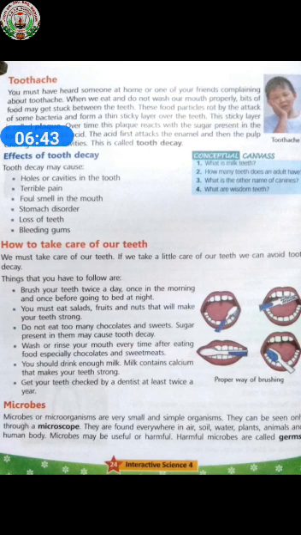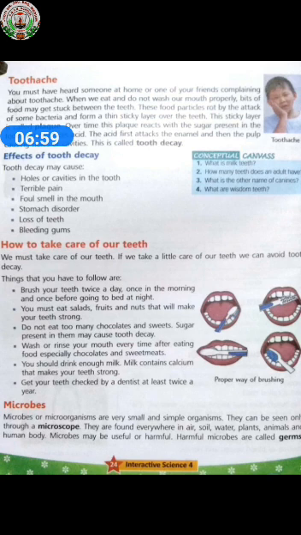These food particles rot by the attack of some bacteria and form a thin sticky layer over the teeth. This sticky layer is called plaque. So, very important word, plaque.